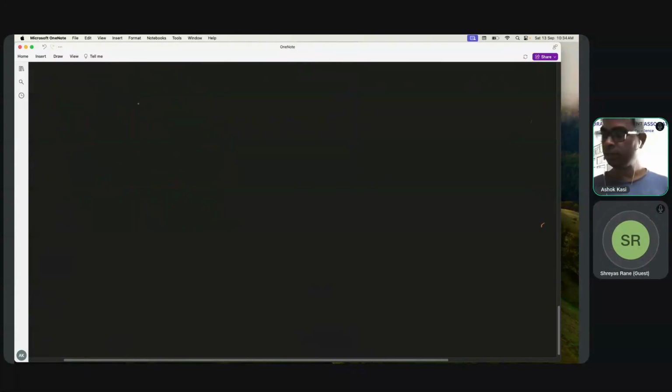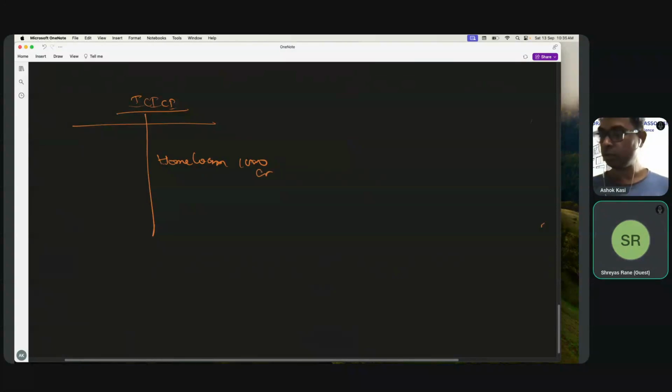Say for example, there is a financial company, let's say ICICI Bank, bank or non-bank. Now in their balance sheet, they have 1,000 crores of home loans. That is their asset. Now they want to raise a bond for 200 crores.